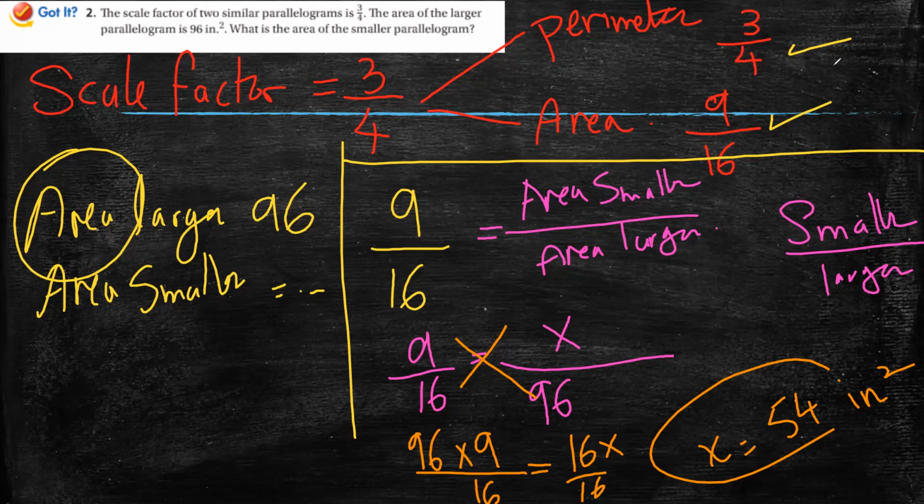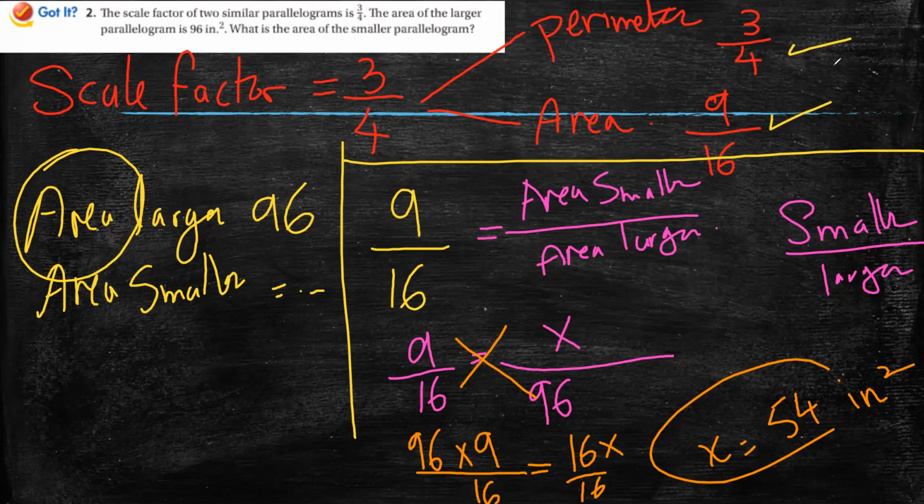So when I have the scale factor, I know that I can use it to find two things: the ratio of the perimeter and the ratio of the area. If the question asks me to find the ratio of the perimeter, I will use A/B. And for the area, I will use A²/B². Then I have to choose the correct ratio, and beside it, I have to write the same ratio.